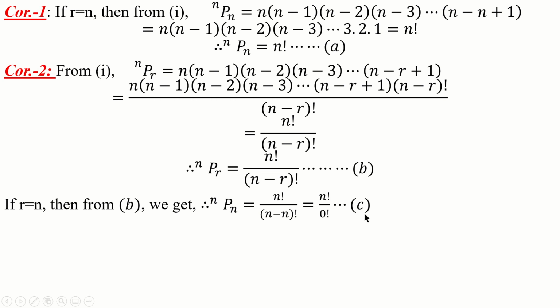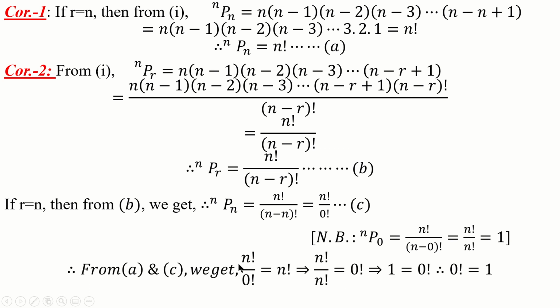This is equation number C. Now from A, nPn, left side nPn, and here also left side nPn. Therefore n factorial divided by 0 factorial equals n factorial. Follow this line from A and C: n factorial divided by 0 factorial equals n factorial.